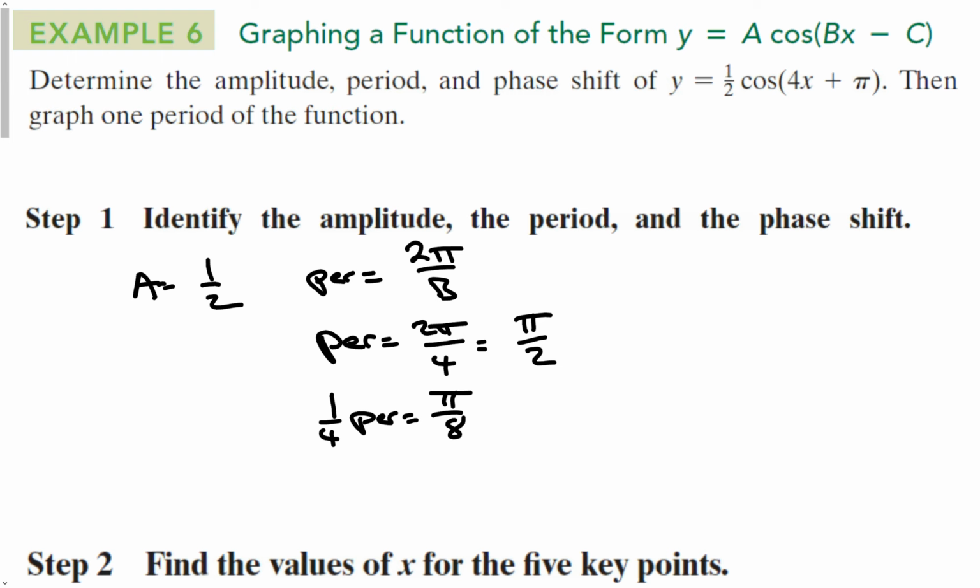Not perfect, but you know, we'll make it. All right, next, phase shift is a positive number. That means that C is actually going to be negative, right? We always have to change the sign here. There's the parent function. This is a positive. That means it's really 4x minus a negative pi. So that means that the phase shift is negative pi over 4.